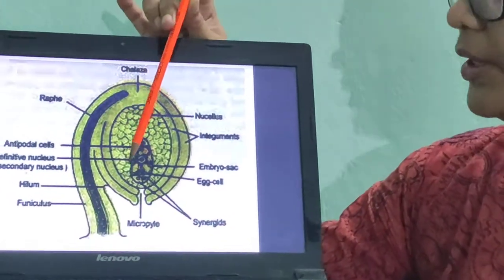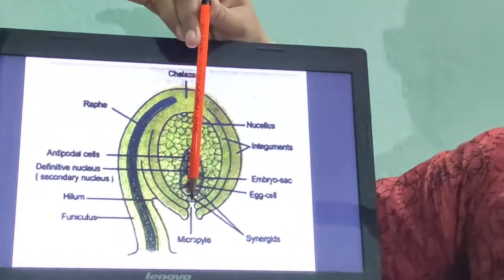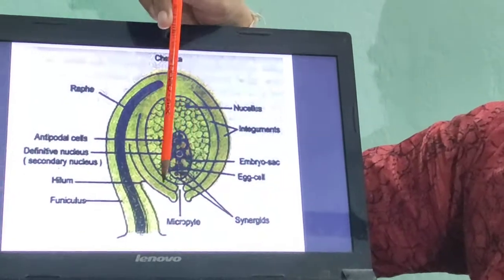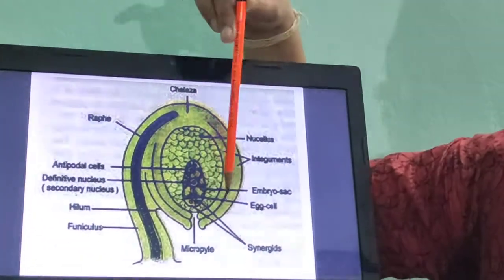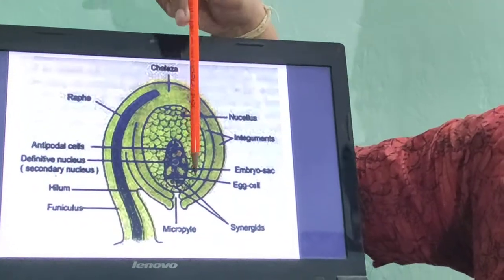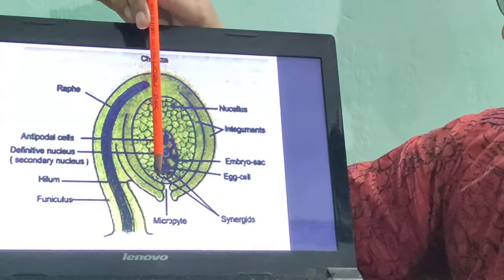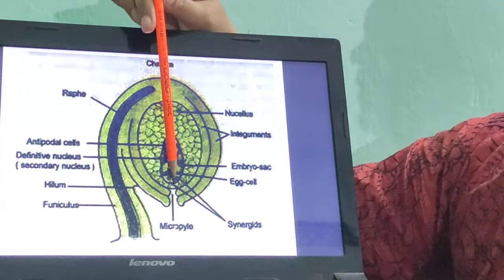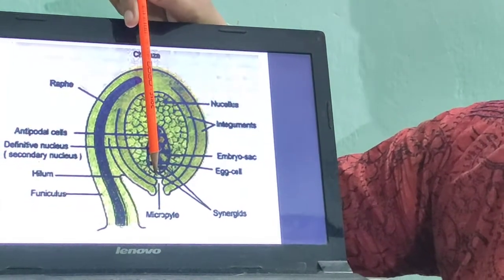Here you see, this is present towards the micropyle. You know, the micropyle is the region where the ovule or the nucellus is not covered by integuments. So this one remains towards the micropyle. This end of the embryo sac or the female gametophyte is described as the micropylar end.